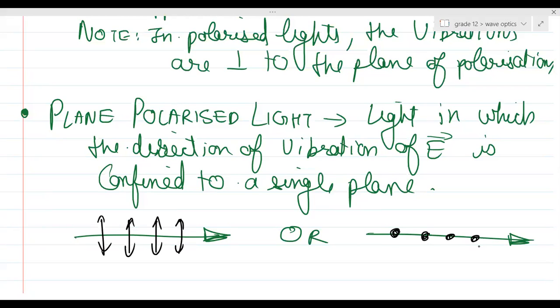Yes, sir. Okay. In the next class, we'll be completing this. We'll do polarization by reflection and refraction. There are other things as well, like the Nicol prism and dichroism, but I'm not teaching all of that. We'll just talk about polarization by scattering, reflection, refraction, and then Malus law and Brewster's angle.